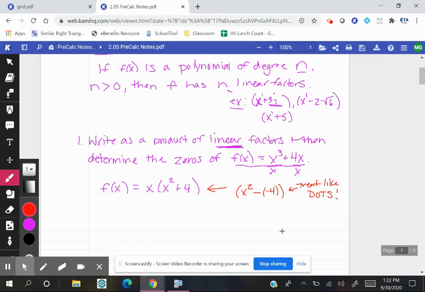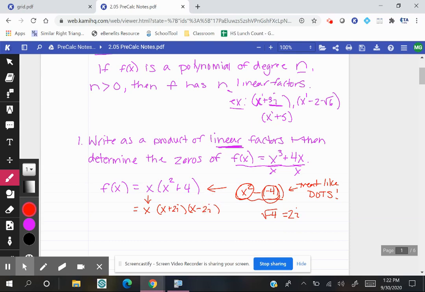How do I factor that? I bring down my x. The square root of x squared is x, and then I take the square root of negative 4. If there's a negative under the radical, I have to pull out an i. The square root of 4 is 2, so I would have positive 2i and minus 2i.